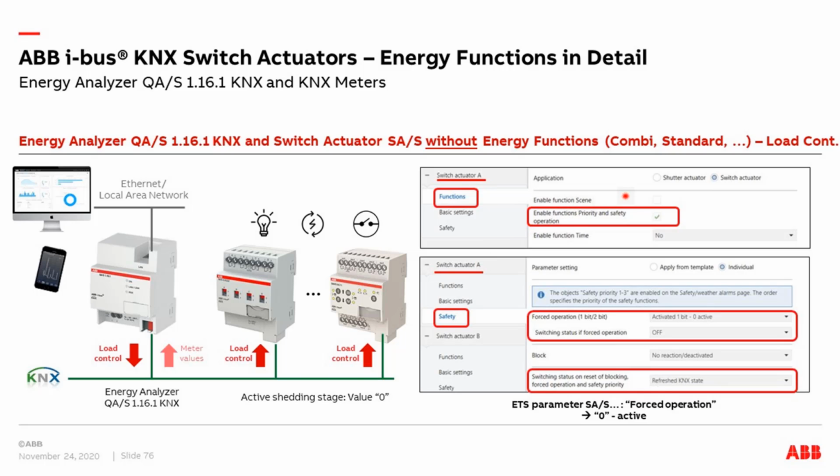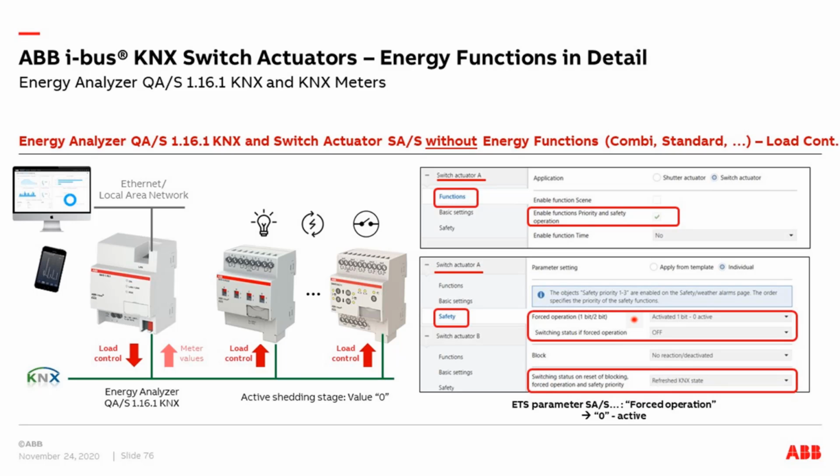So you go to the settings, functions per channel, enable here priority, safety, yes, and then you get here the submenu safety, and in the safety we have block, we have priority, and here we have forced operation. You can select between the 1-bit and the 2-bit priority forced operation.